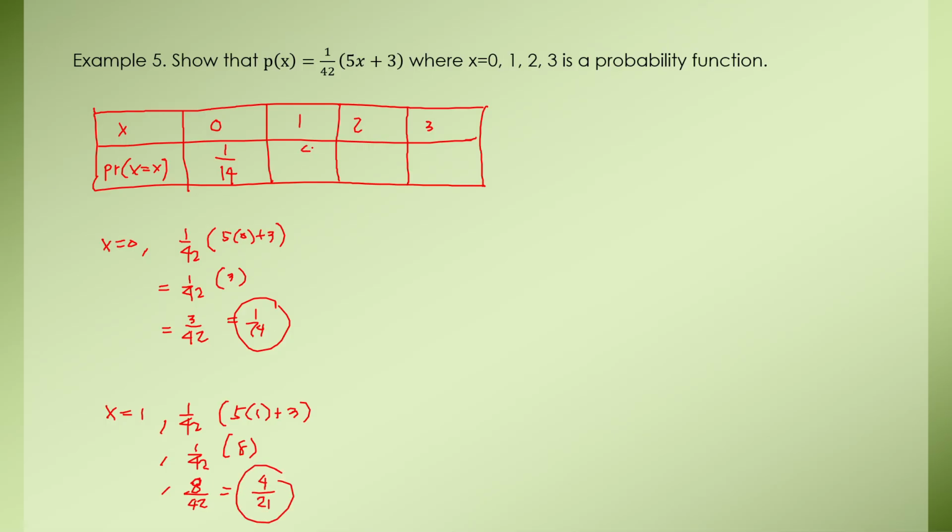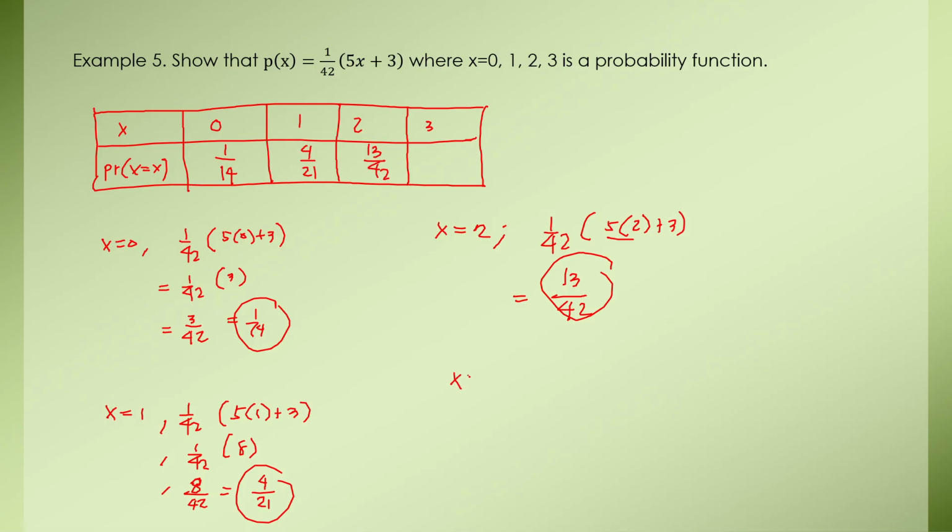When x is equal to 2, 1 over 42 times 5 times 2 plus 3. So therefore this is 10, 13 over 42. Okay, 13 over 42.